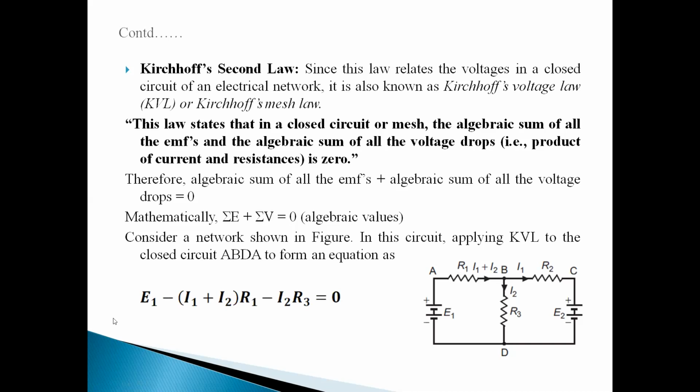So E1 minus the drops, which will be negative. The current in this R1 is I1 plus I2. So minus R1 into (I1 plus I2) minus I2 into R3 is equal to 0. The sum of the EMFs and voltage drops is equal to 0.